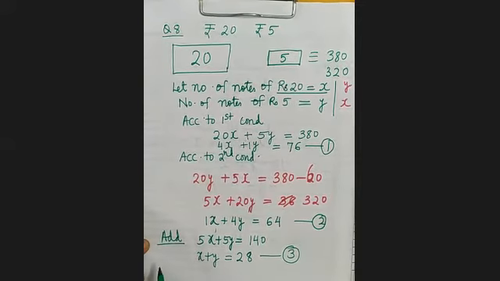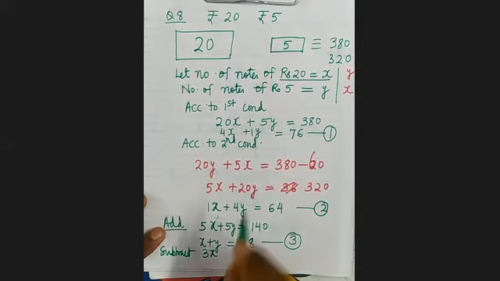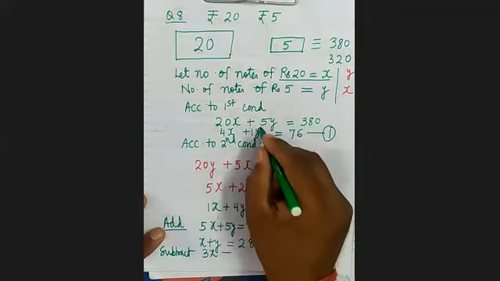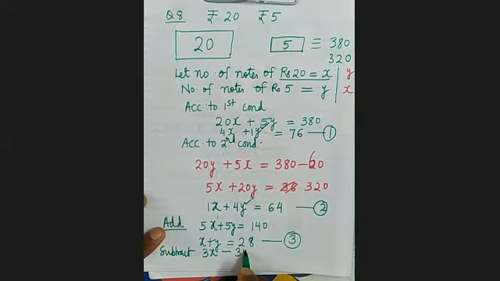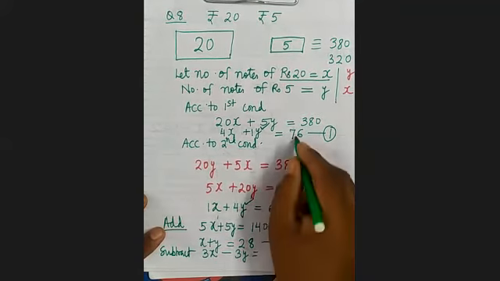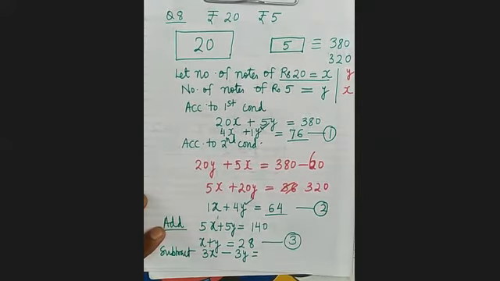Is it clear? Then subtract. When you subtract, 4x minus 1x equals 3x, and 1y minus 4y equals minus 3y. The right side is 76 minus 64, which is 12.